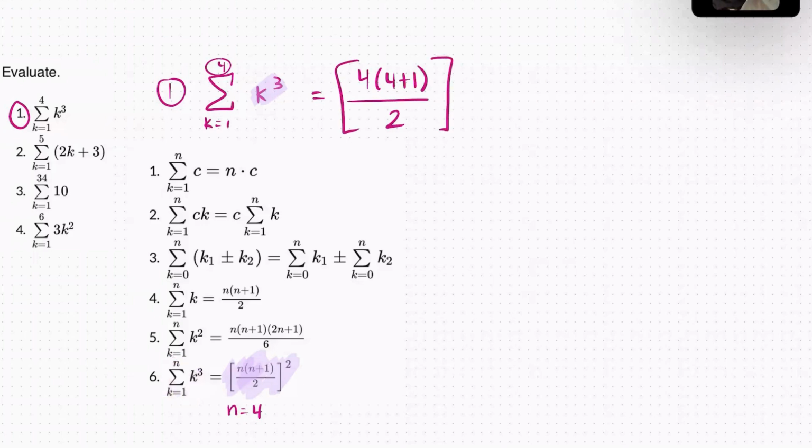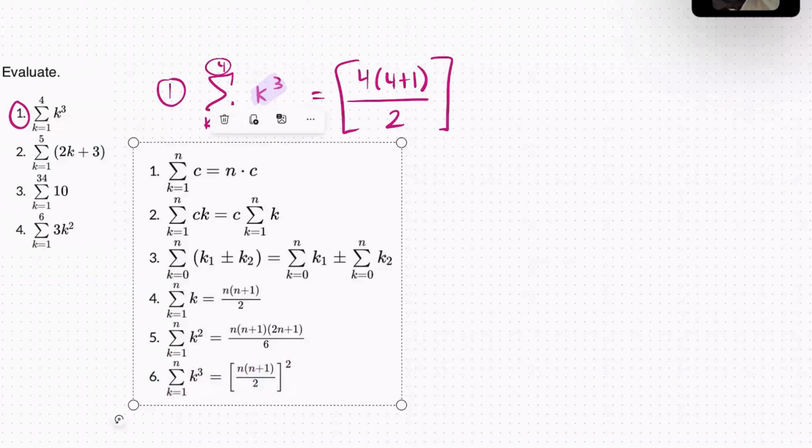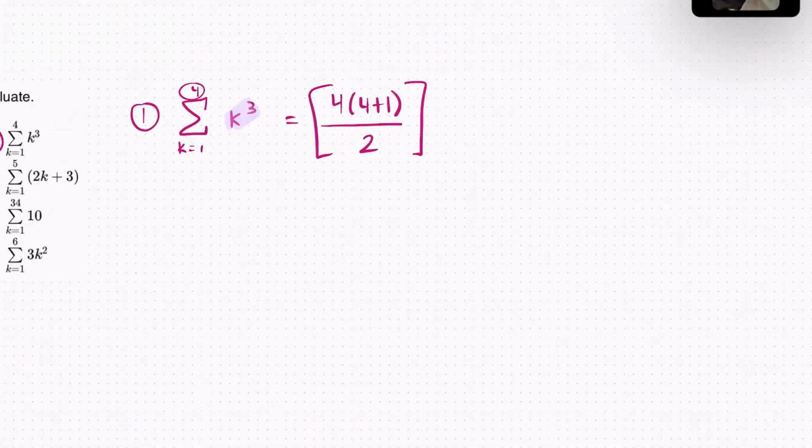Let me erase all this so we can recycle this. Okay, so all we have to do is clean this up and it should match our previous answers. So up here, this becomes a 5. Oh, I forgot my squared.